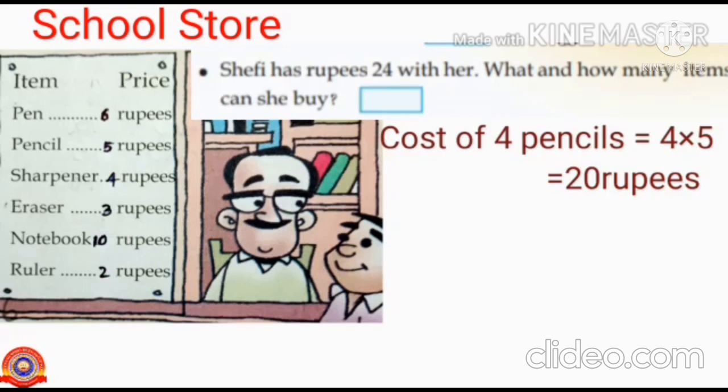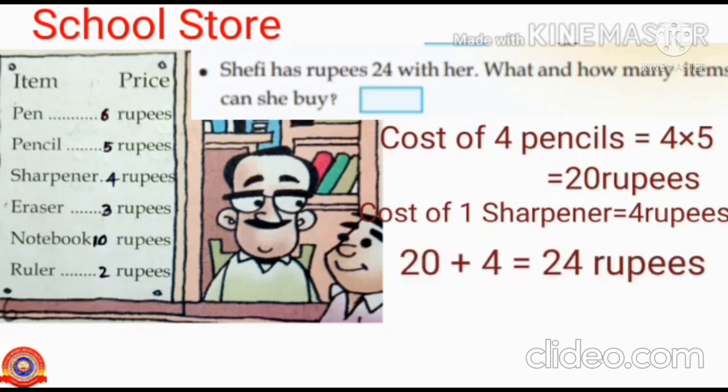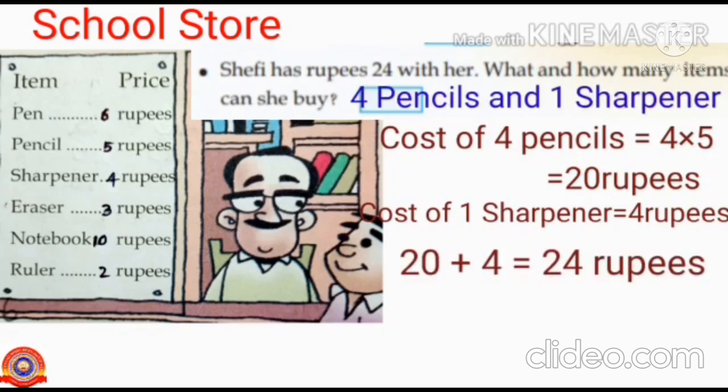Yes, 4 rupees. So which item she will buy? Yes, 1 sharpener. Because the cost of 1 sharpener is 4 rupees. That is 20 plus 4 equals 24 rupees. So Shefi can buy 4 pencils and 1 sharpener with 24 rupees. You should try and find out other ways.